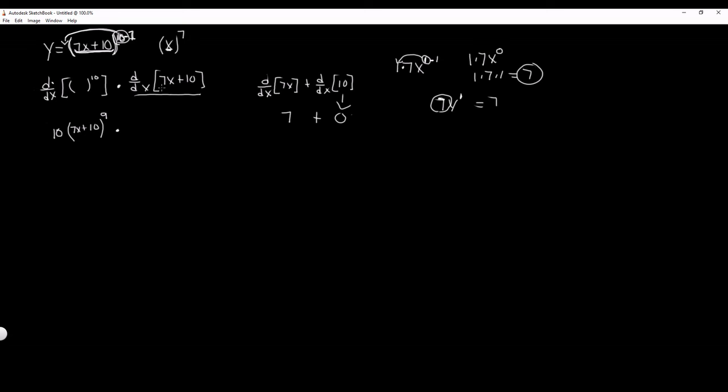So we're going to multiply by the derivative of the inside function, which is 7. And this is actually the answer to the problem. However, we can simplify it further by multiplying 7 by the constant 10. So this is 70 times 7x plus 10 to the 9th power. And that is the answer to this problem.